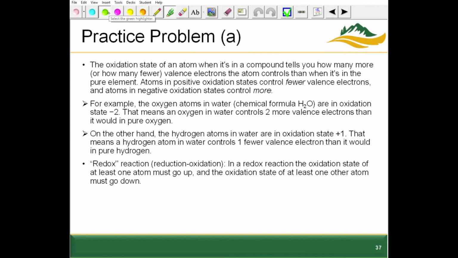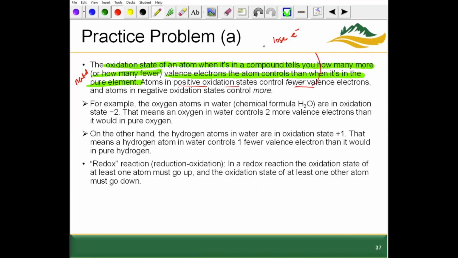For some additional description on these oxidation numbers or oxidation states, the oxidation state of an atom when it's in a compound tells you how many more or how many fewer valence electrons the atom controls than when it's in its pure element or its neutral state. Atoms that are in a positive oxidation state have fewer valence electrons, right?